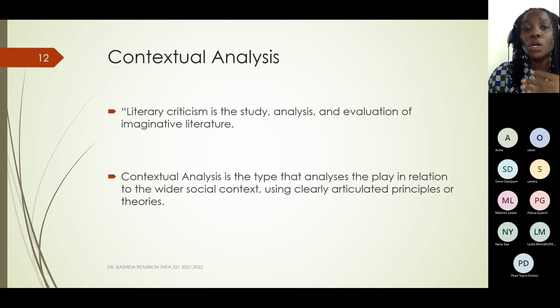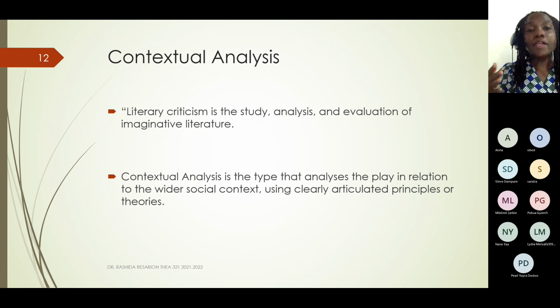Okay, so the contextual analysis is the type that relates the play to the wider social context using theories. And so when you study a play like that, you are moving towards a critical interpretation of the play text. Like you would do, I don't know if you have started learning dramatic theory and criticism already. You are doing it this semester, right? Yes, madam.